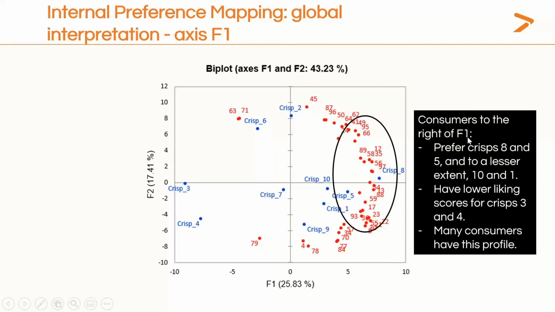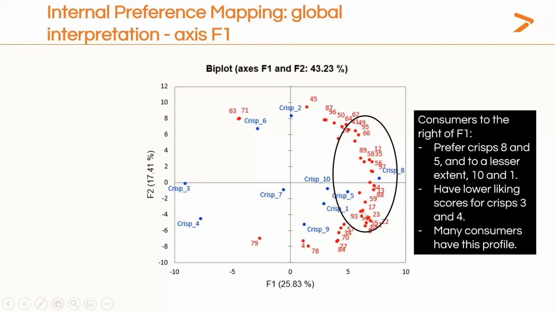Consumers to the right of F1 are close to crisp number 8 and maybe a little bit number 5. They have positive coordinates on this axis. So we may say that they prefer crisps 8 and 5, and to a lesser extent, maybe 10 and 1. But they have lower liking scores for crisps 3 and 4, which are on the opposite side of the axis.